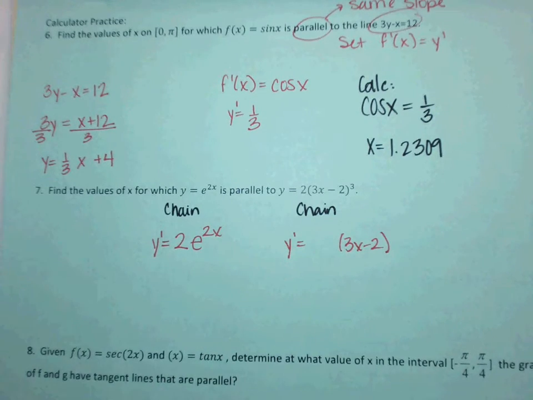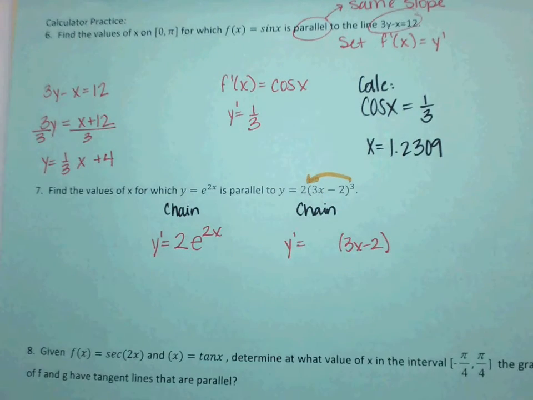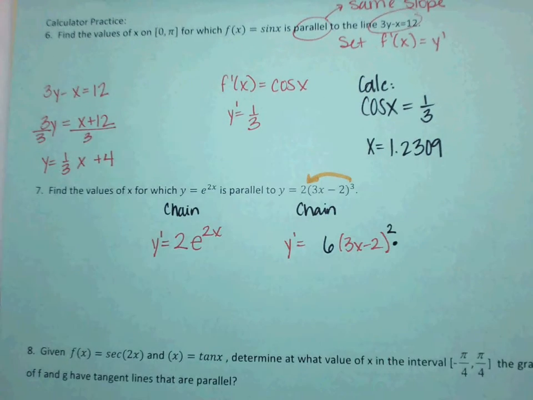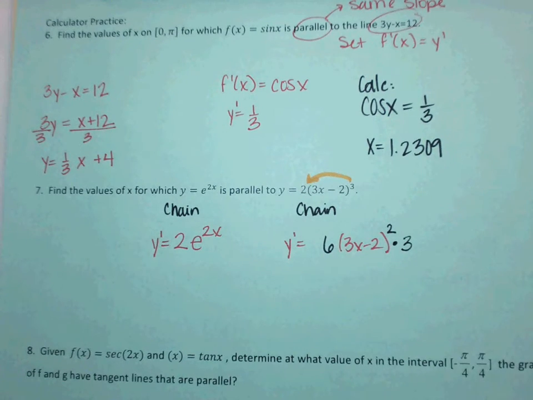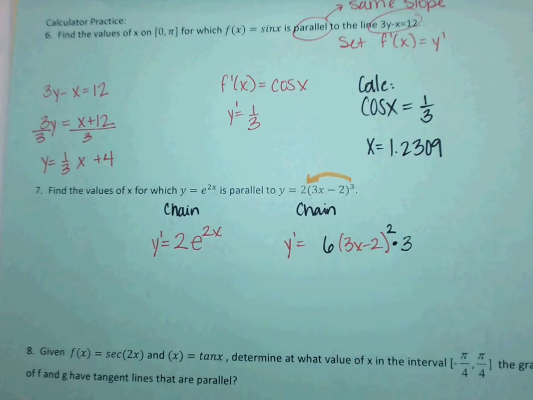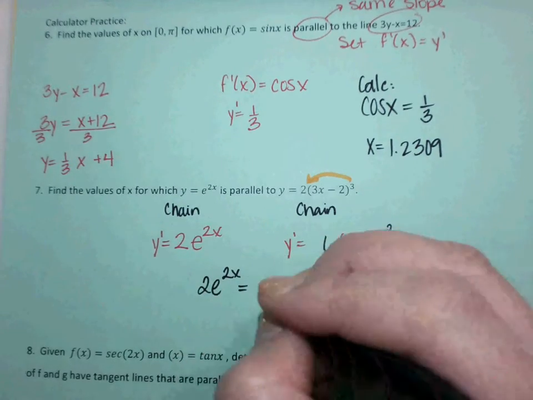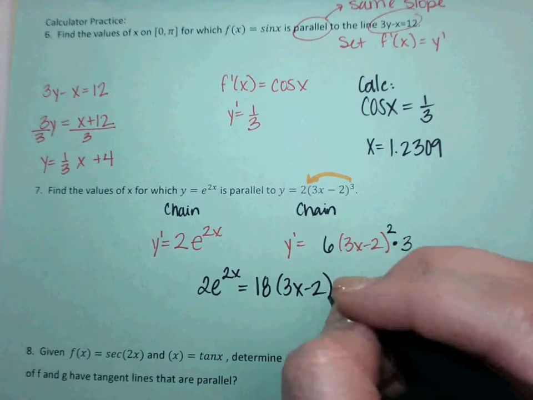So I'm going to take my exponent of 3 and times it down on the 2 in the front. What am I going to get then? 3 times 2 is a 6, then it's squared, times the derivative of the middle, which is 3. Then from there, remember, typically they're going to pull those constants together. 6 times 3 is really 18. So I have 2e to the 2x equal to 18(3x minus 2) squared.